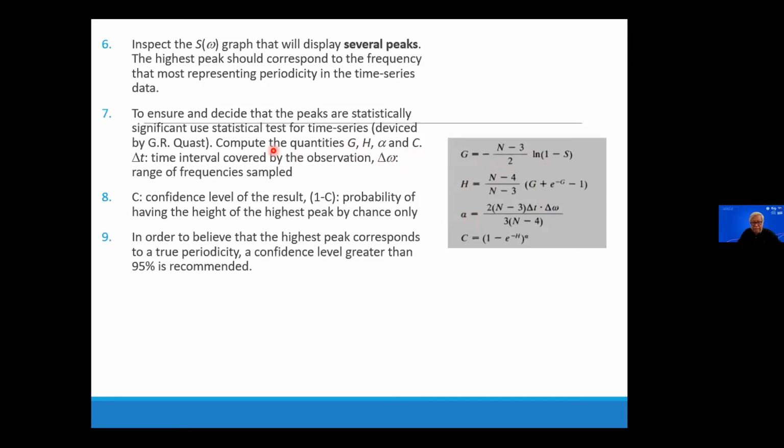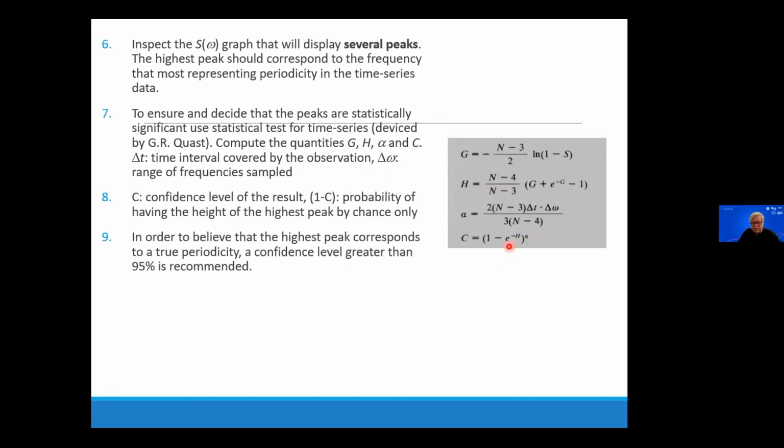And then basically you are constructing the H, statistical significance H, against the omega that is given here. So you end up computing H here. H is the statistical significance, while C here is actually the confidence level of the result.